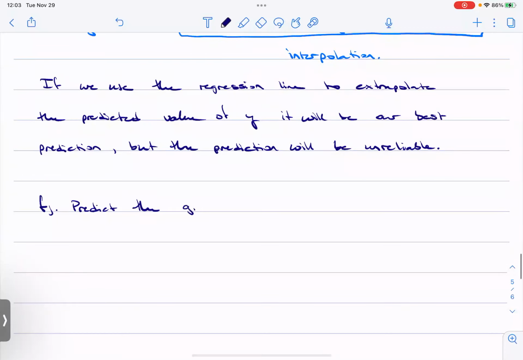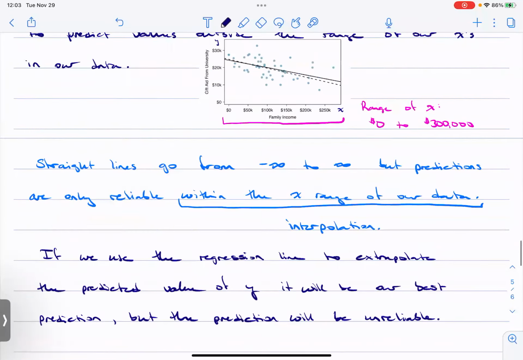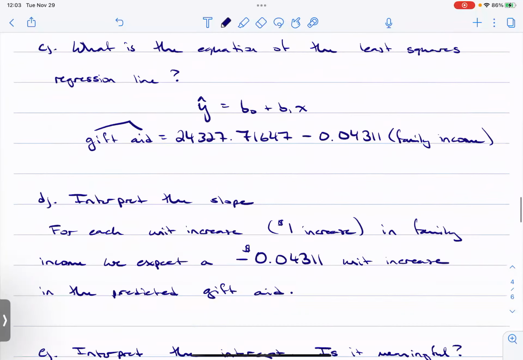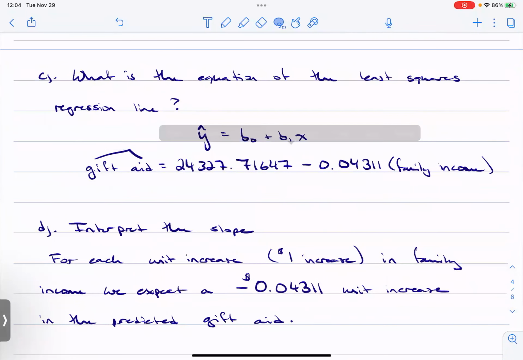Predict the gift aid of a student whose family income is, let's say, 100,000 per year. To make these predictions, we're going to use the line that we built, which is this one here. Copy.